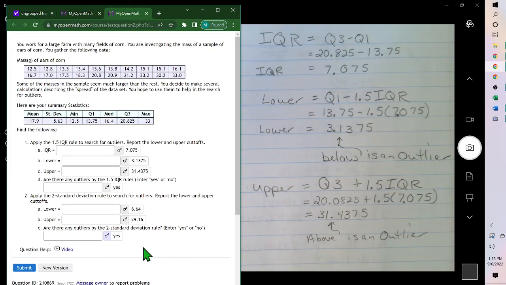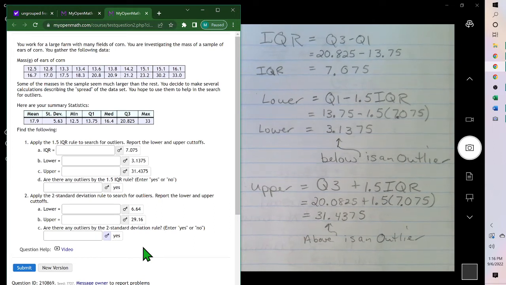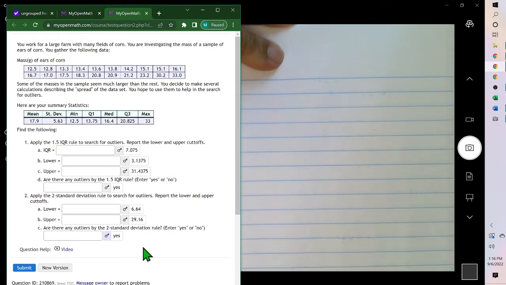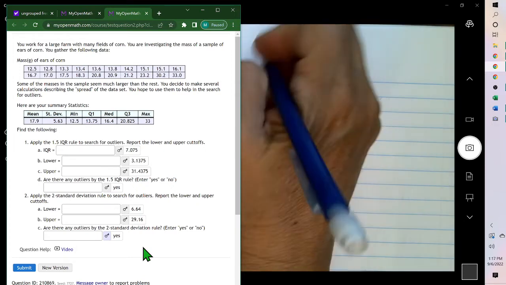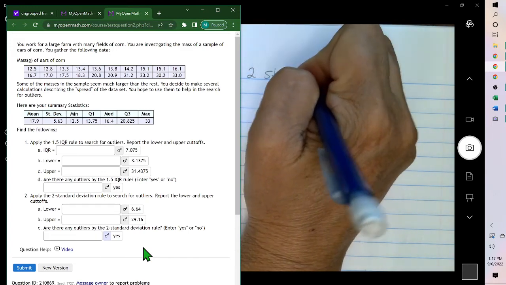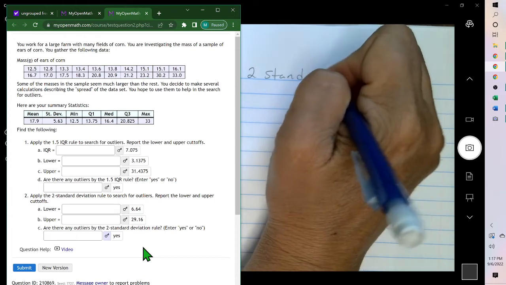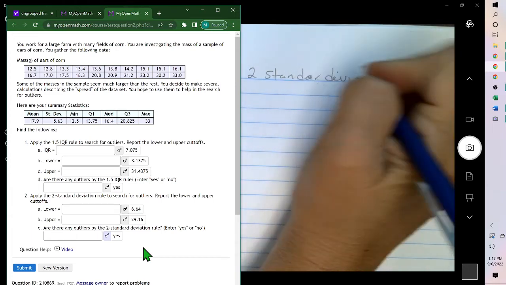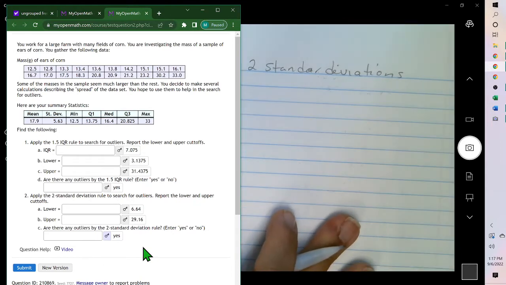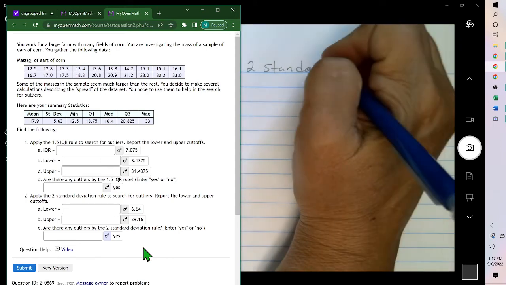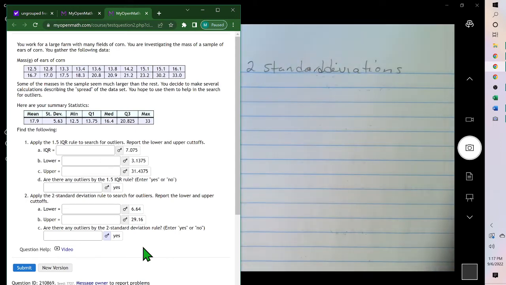Now, if you're using two standard deviations, you use the mean and then plus or minus 2 standard deviations.